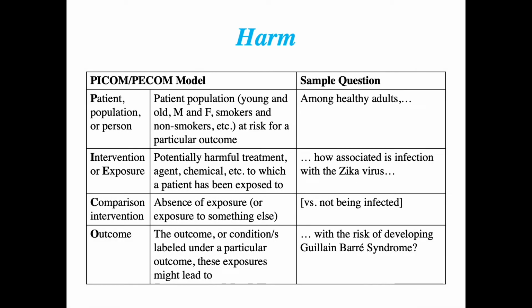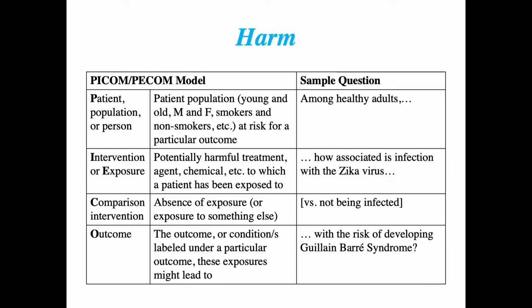Now let's look at another example. Among healthy adults, how associated is infection with Zika virus with the risk of developing Guillain-Barré syndrome? The exposure here that we're assessing for harm is infection with the Zika virus, and of course, the comparison would be not being exposed or not having the Zika virus infection.